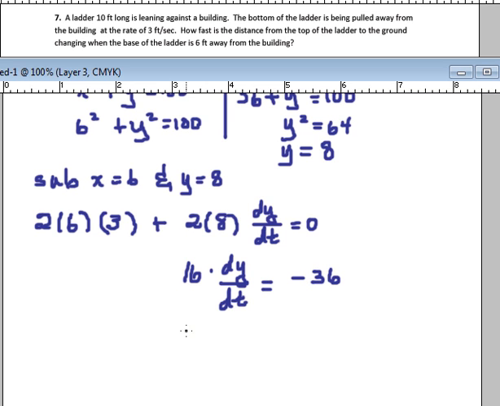And now we just divide, and dy/dt is equal to minus 36 over 16. Okay, divide top and bottom by 4, and we have minus 9 over 4. Alright, and that would be feet per second.